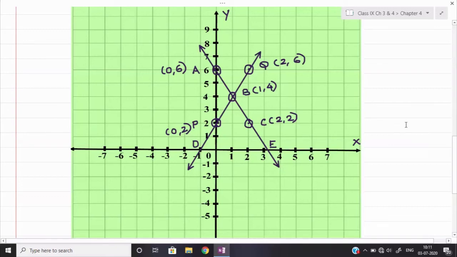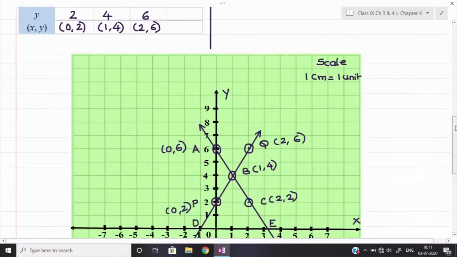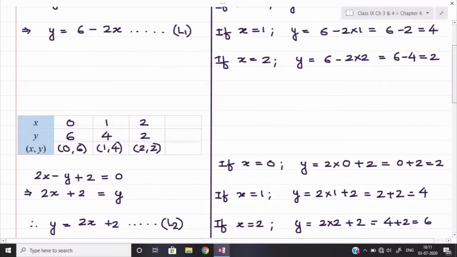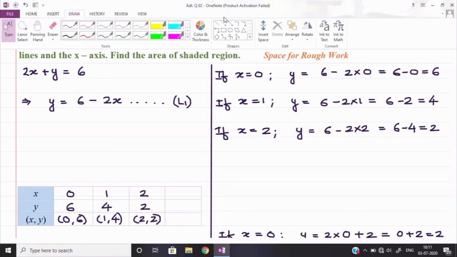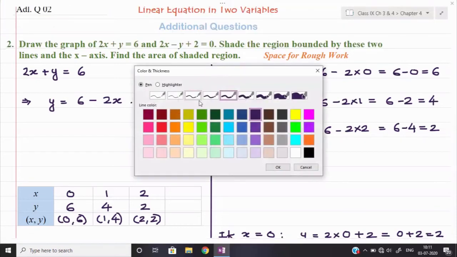In the question they were asking us, first you draw the graph of these two lines. Okay, once we check the question, they were saying draw the graph of these two lines, shade the region bounded by these two lines and the x-axis, and hence find out their areas. So see, first of all, how we can shade the region over there.